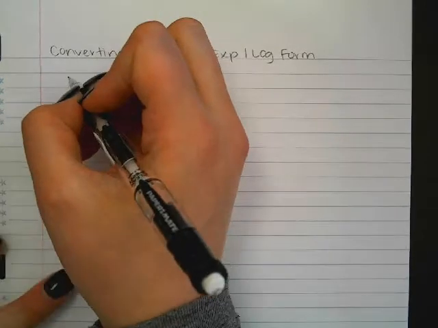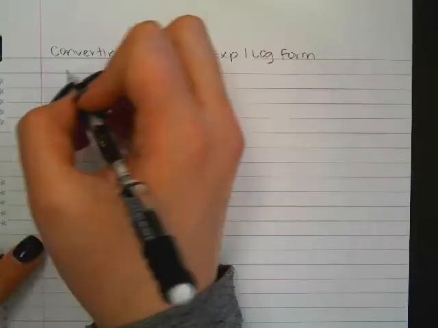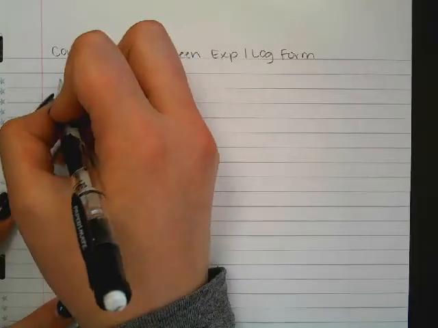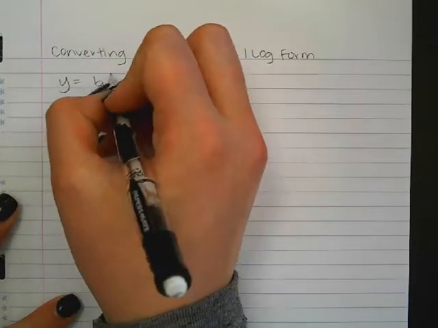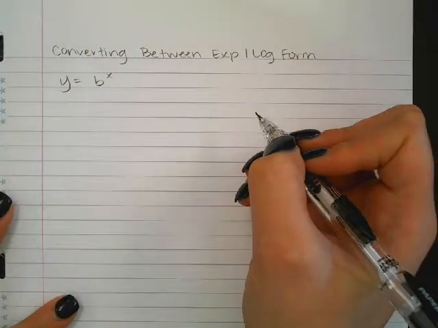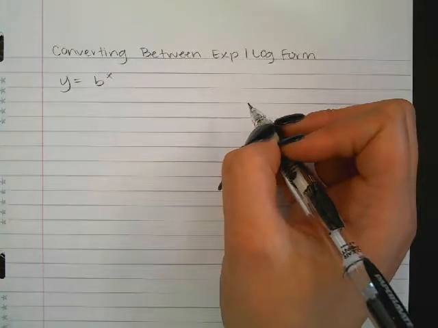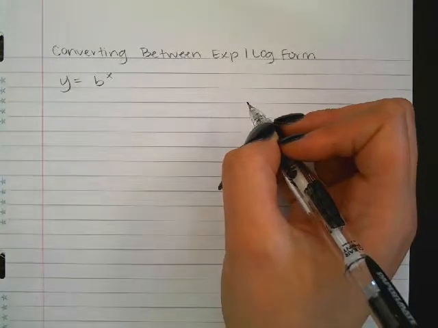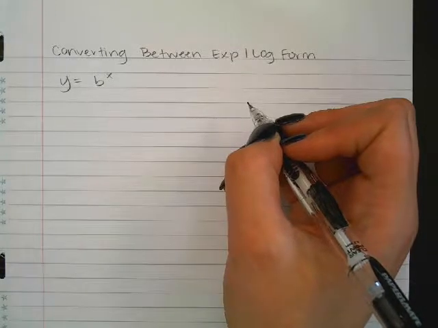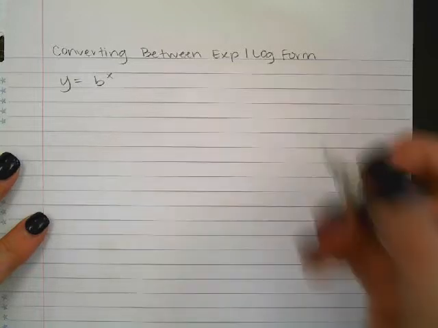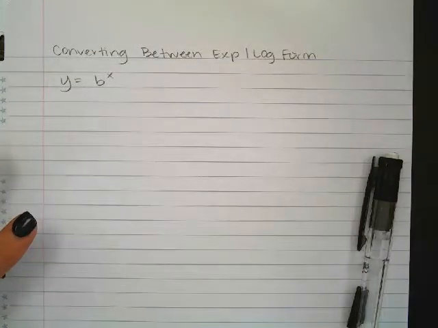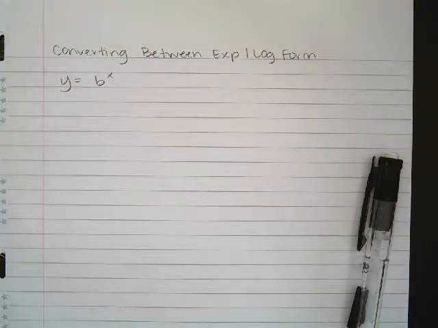All right, so if we start with an exponential function, y equals b to the x power, then for me to convert that into log form, convert it into its inverse, I have two different ways I can do that, and I'm going to show you both ways, and I'm going to let you choose whichever way you prefer. So the way that I learned to do this when I was in high school, my teacher, I think, called it the Tootsie Roll method.